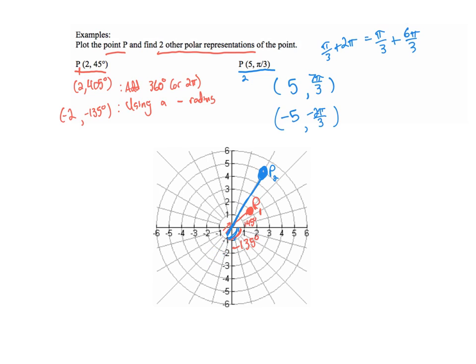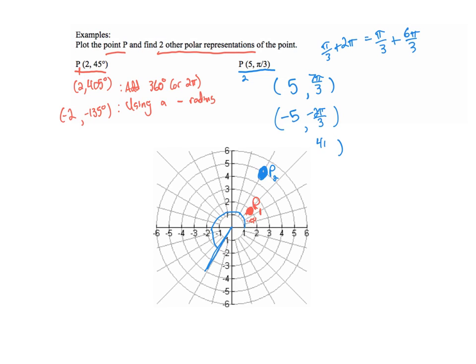Also keep in mind that you don't need to do that with negative angles. You would be perfectly okay using another angle that would represent this same one right here, which would be π/3, 2π/3, 3π/3, 4π/3.